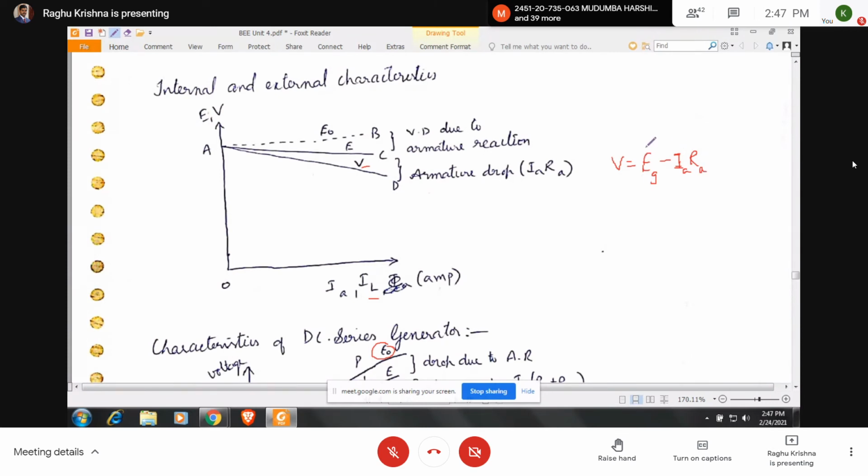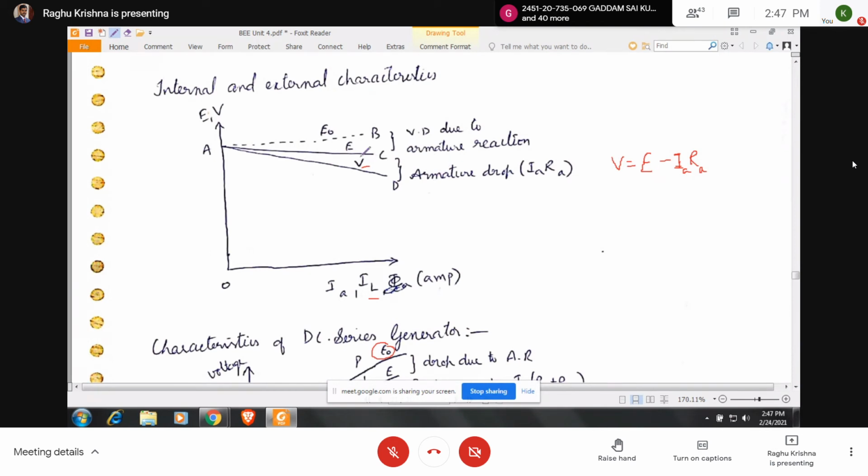Actually, there will be some voltage drop due to armature reaction. After that, instead of Eg, this must be E. Actually, V equal to E minus IARA.